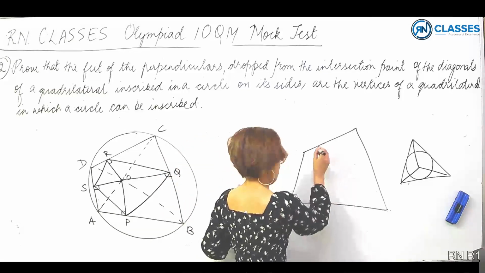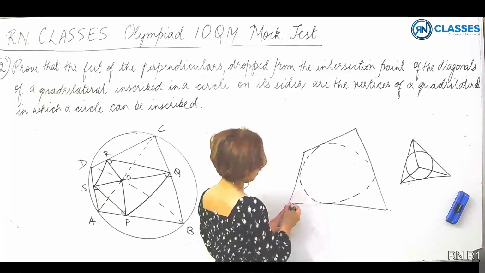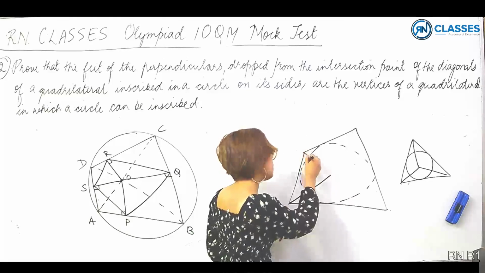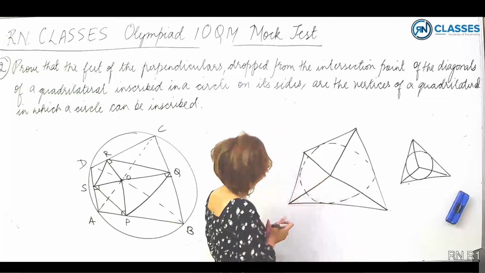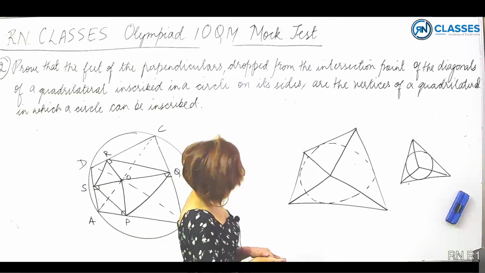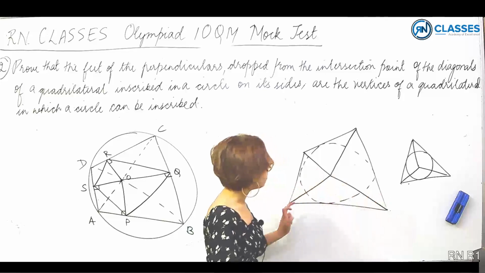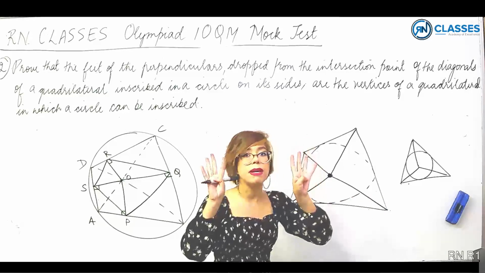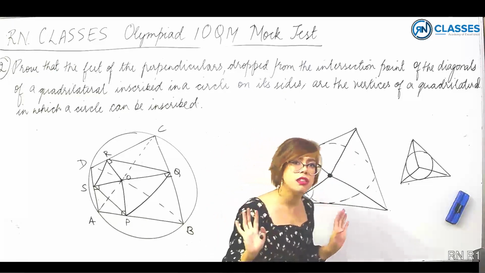So, if I have to have a circle, right, that means this is the tangent, that means this would be the what? Angle bisector of this angle. This would be the angle bisector. This would be the angle bisector. This would be the angle bisector. That means in a quadrilateral, if all the four angle bisectors are intersecting in a single point, that means I can have a circle.